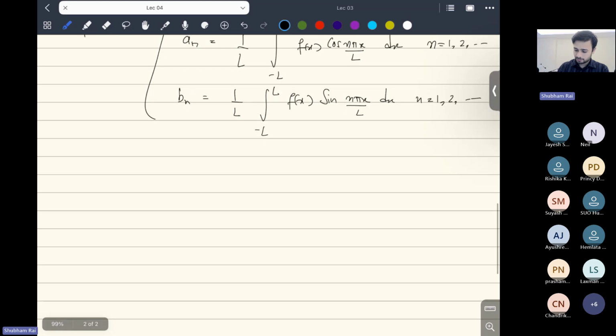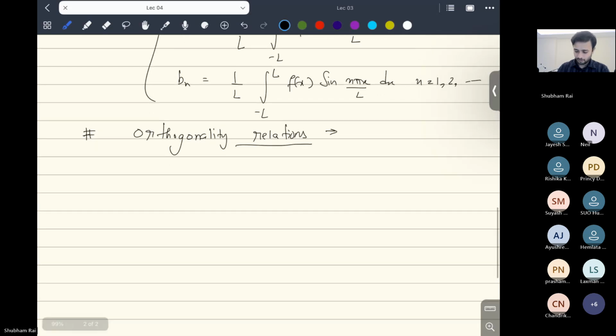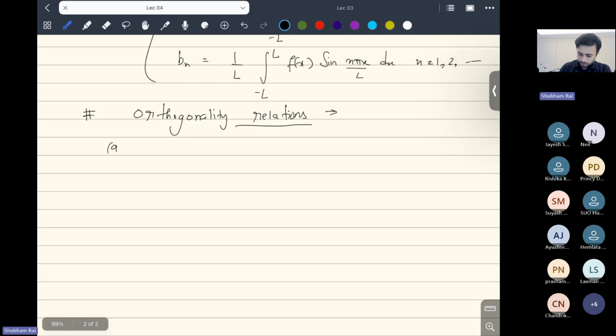So here we are going to utilize the orthogonality of trigonometric functions. We will just call them orthogonality relations. There are three orthogonality relations.